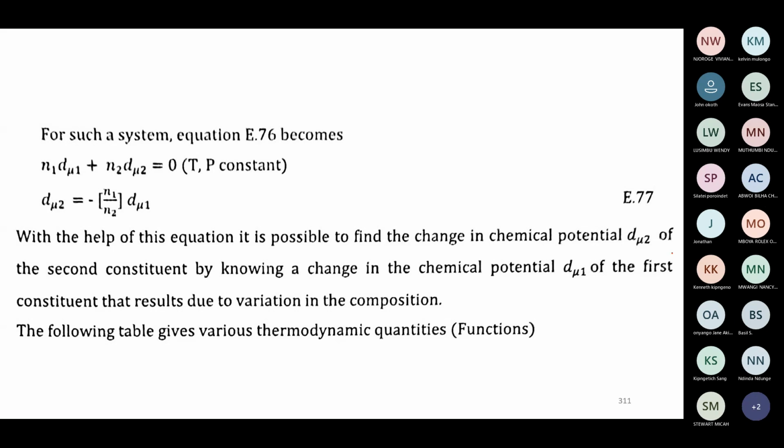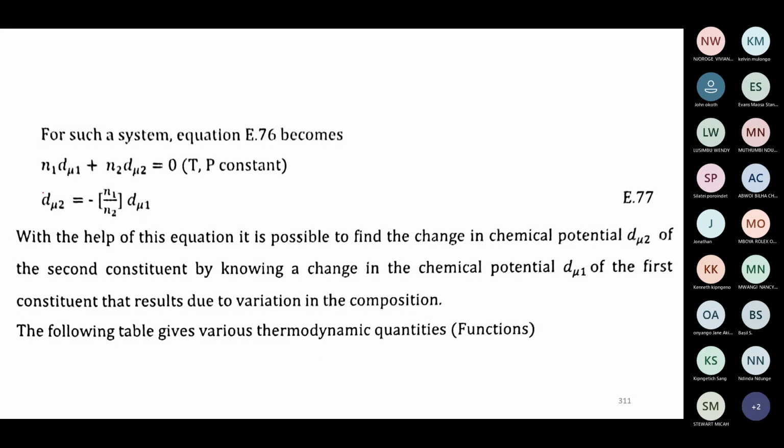If you rearrange this expression, you get d mu2 equals negative n1 over n2 times d mu1.